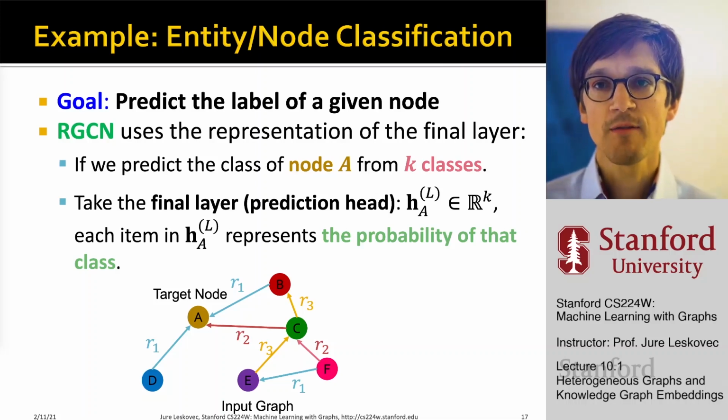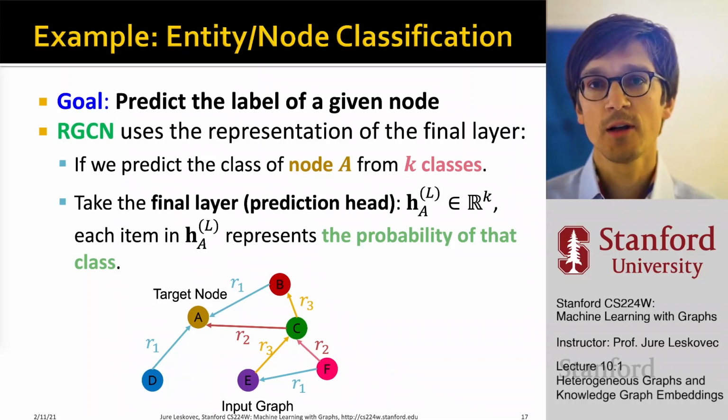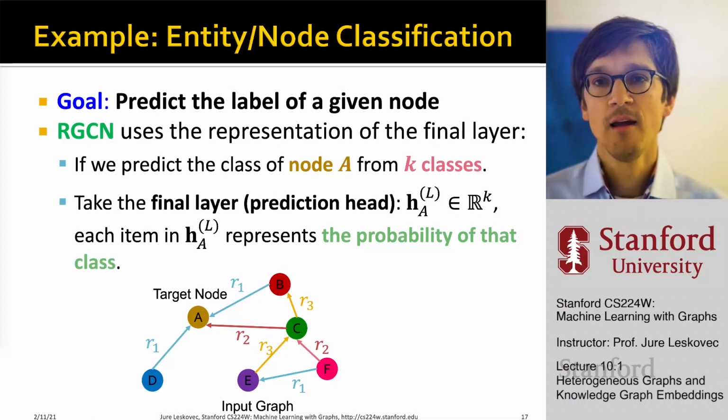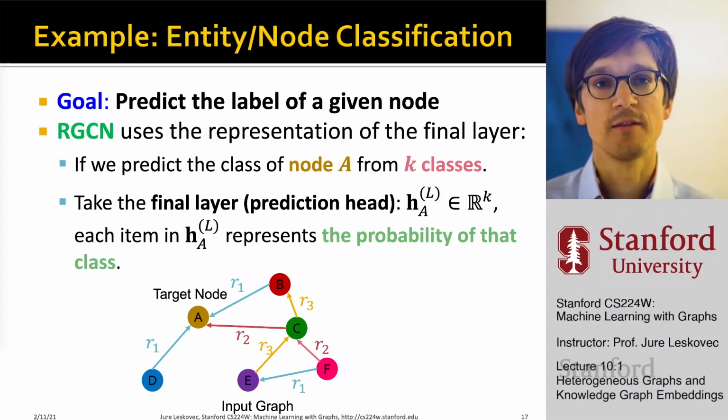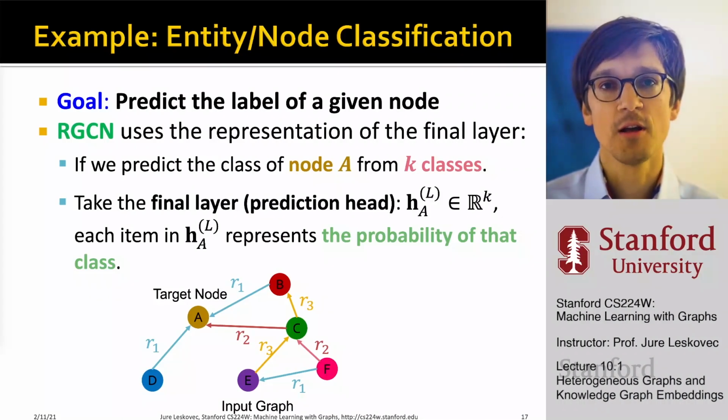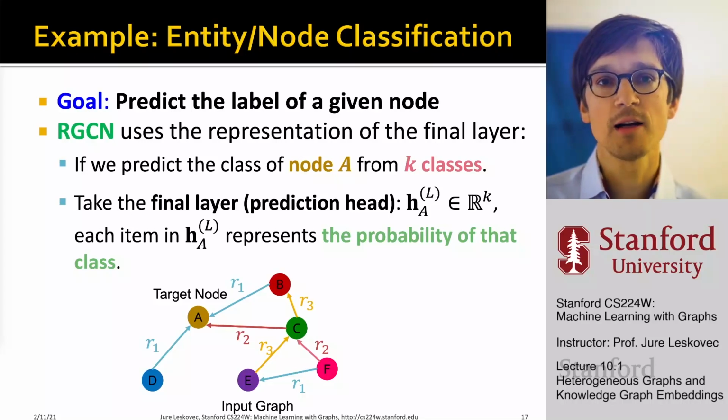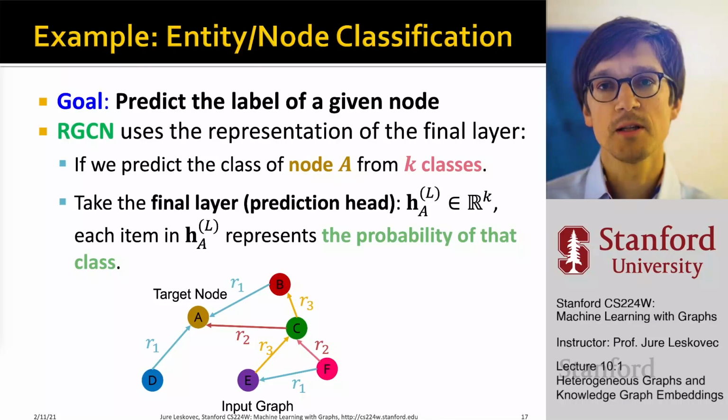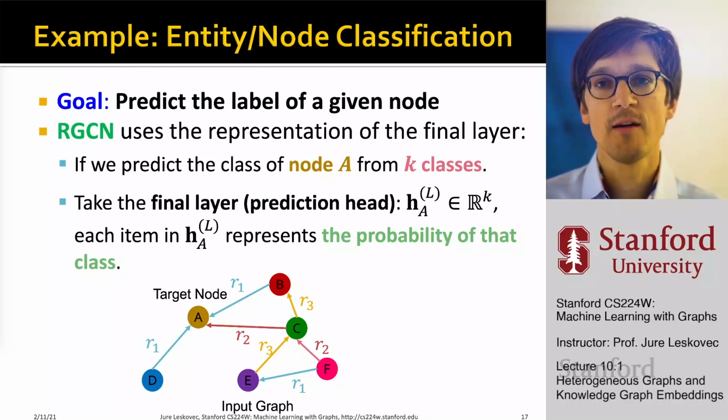So now that we have RGCN, we want to talk briefly about how you define various prediction tasks on heterogeneous graphs. In terms of node classification, or entity classification, it is all kind of as it used to be, right? RGCN will compute a representation, or an embedding, for every node.